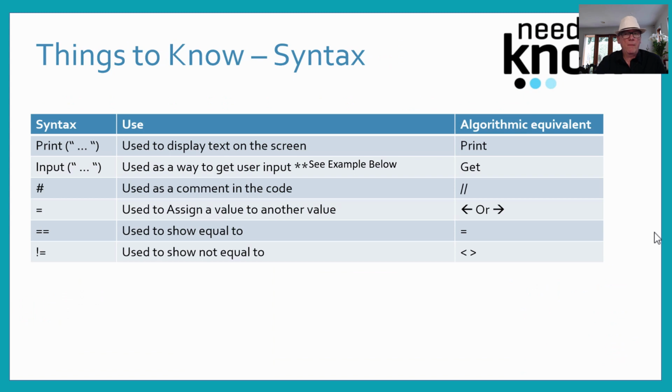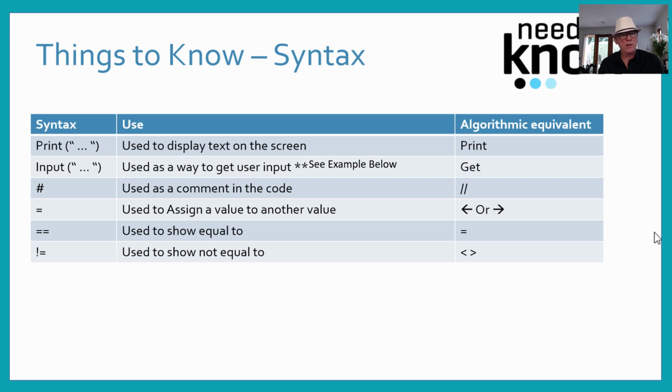there's some things you need to know about the syntax of Python. Now, we need to put print brackets quotes, and that's to put some text onto the screen. If you want people to be able to input, you use the input brackets, and then comments start with a hash sign, a pound sign, a sharp sign there.